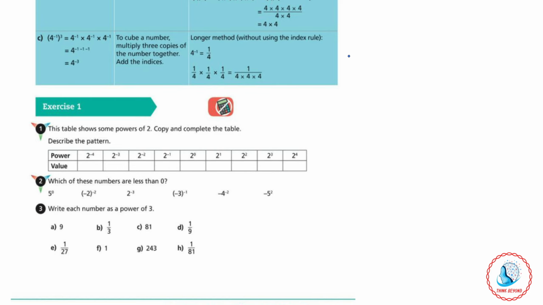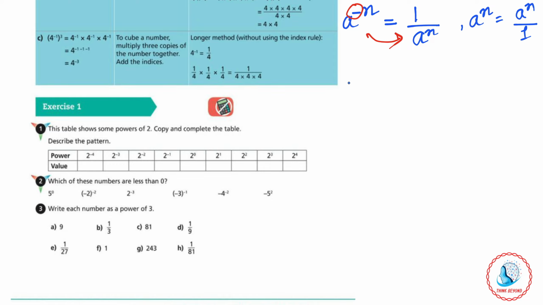Side by side I'll be writing the formulas so you will not get confused about how things are going on. Here is the formula we are going to use: if any number has a negative power, then the answer will look like a raised to power n, with the whole thing in the denominator. Similarly, if a number has a positive power, then in the denominator there will be 1 and the number is the same.